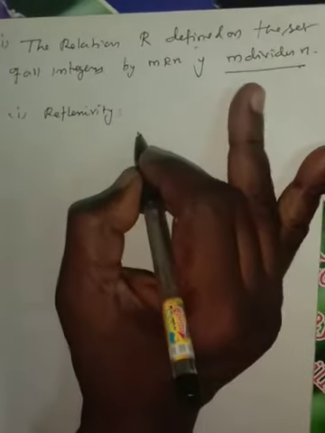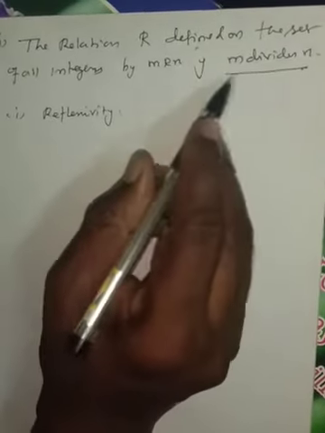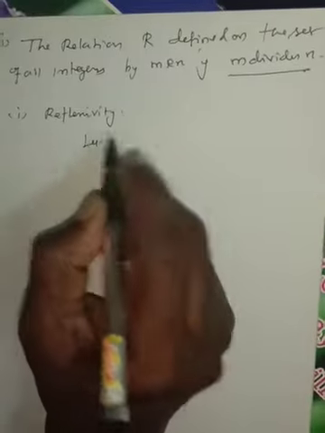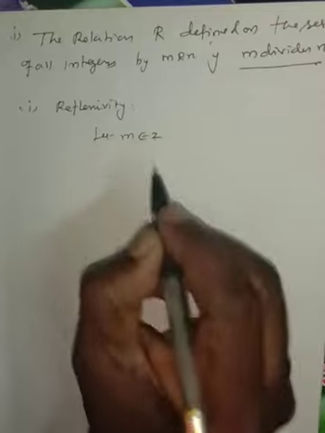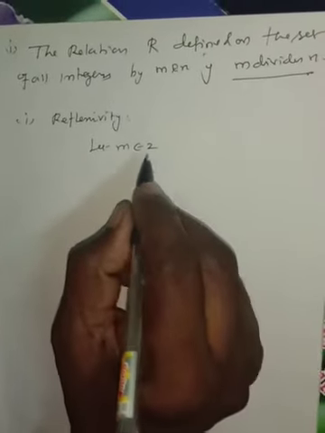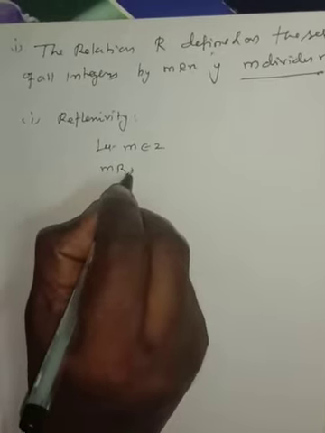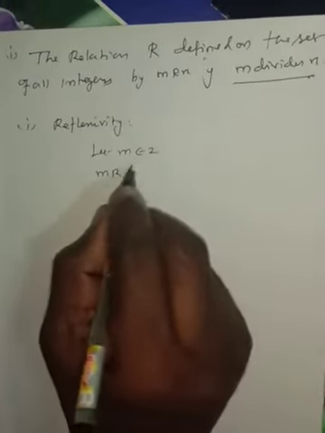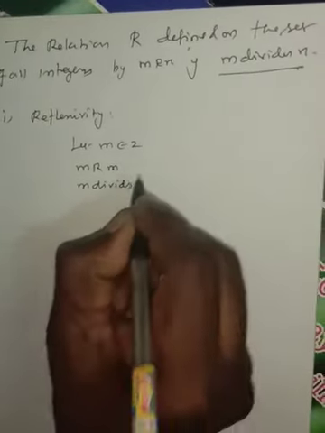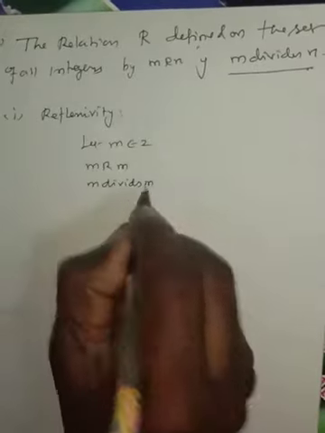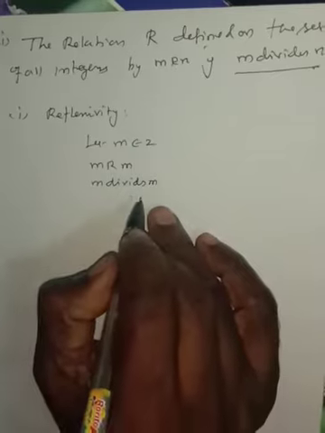Reflexivity. First we take m, where m is an integer, so m belongs to the integers. M relation m means m divides m. Take one integer divided by the same integer, we get an integer.